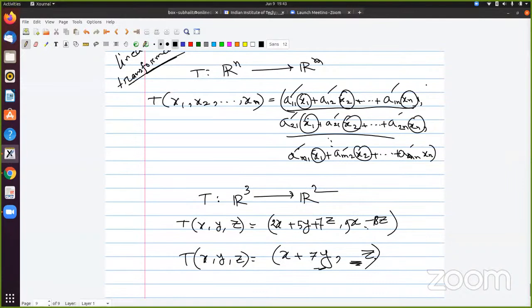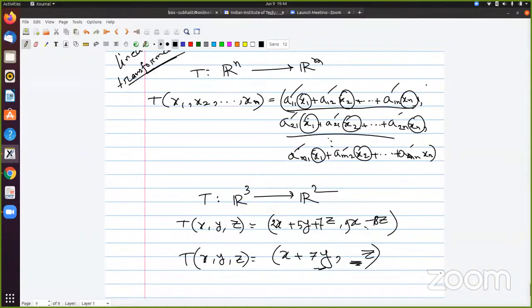So you basically don't even have to check for this type of example. There are some different types of examples where you have to check. That you will find in the graded assignment or practice assignment also. But by seeing this, you can tell whether this transformation is a linear transformation or not, right? Yes.